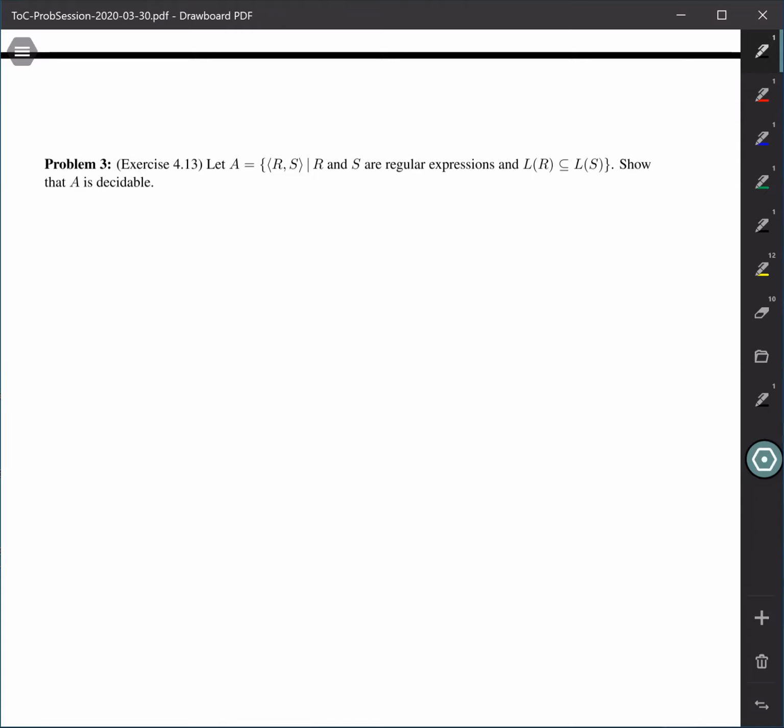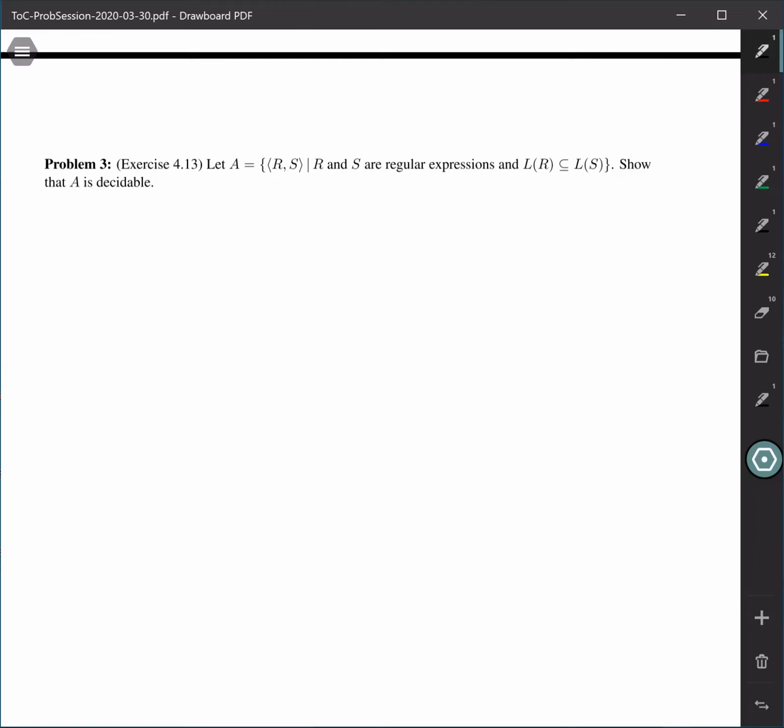So no matter how you describe a regular language, whether it's a regular expression, NFA, or a DFA, convert it to a DFA and then work with the DFA. That's the first thing you ought to think about. Let's not get sidetracked by the fact that the question is asking about regular expressions. You should be thinking in terms of DFAs.